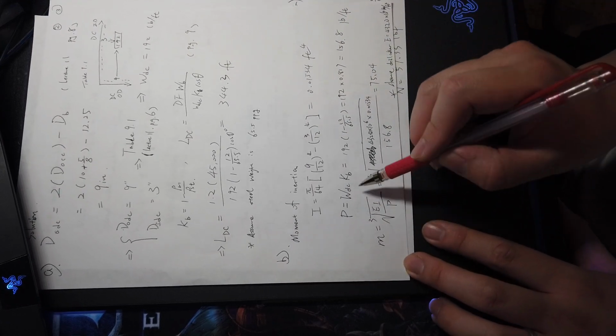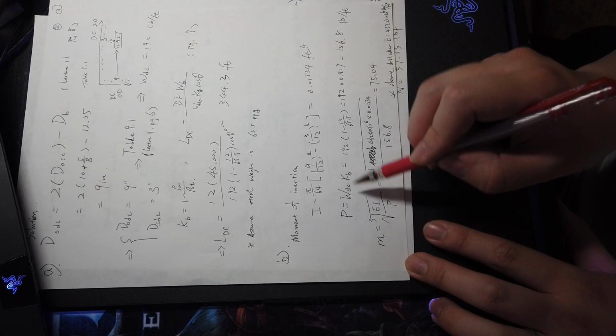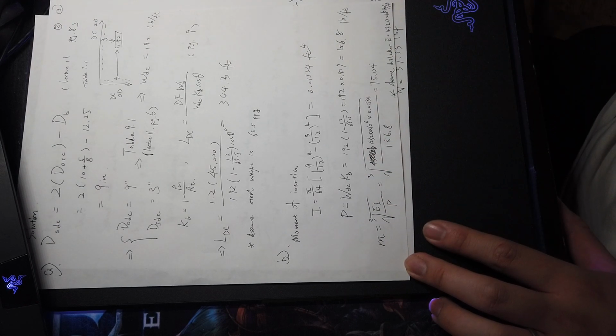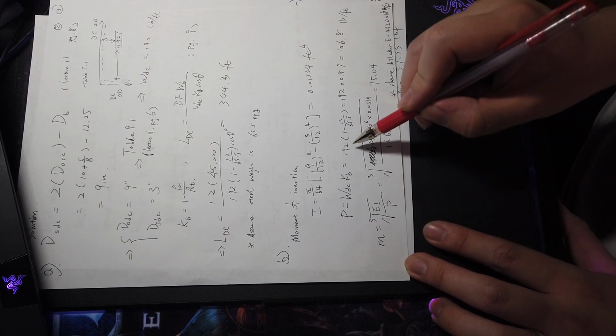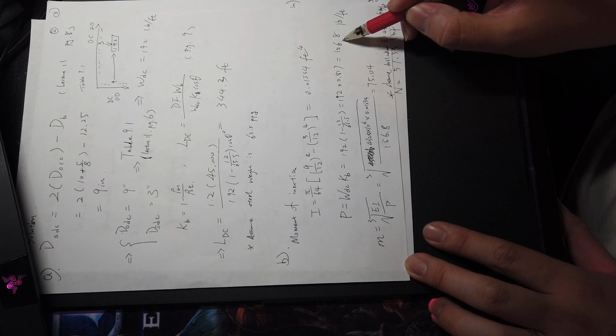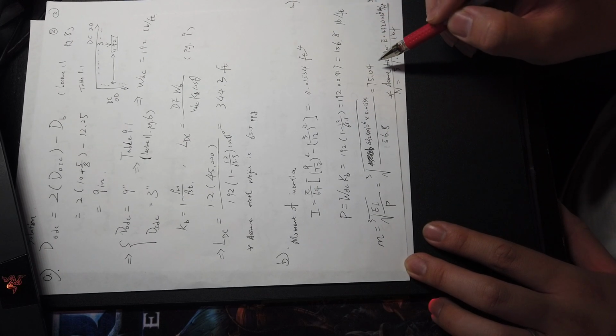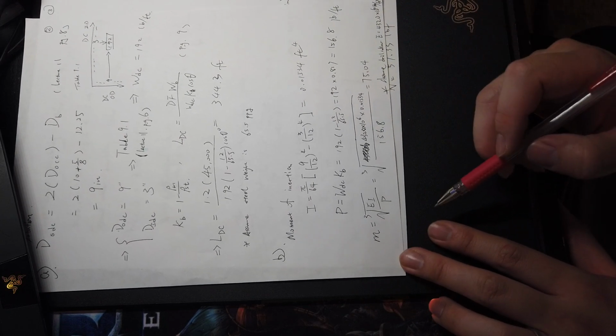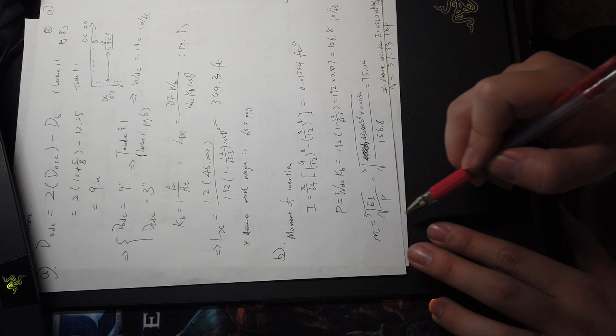Then P is basically just the buoyancy weight of the drill collar in the drilling mud. You plug this number in with the buoyancy factor, and you get the buoyancy weight of the drill collar. And M is a dimensionless parameter.